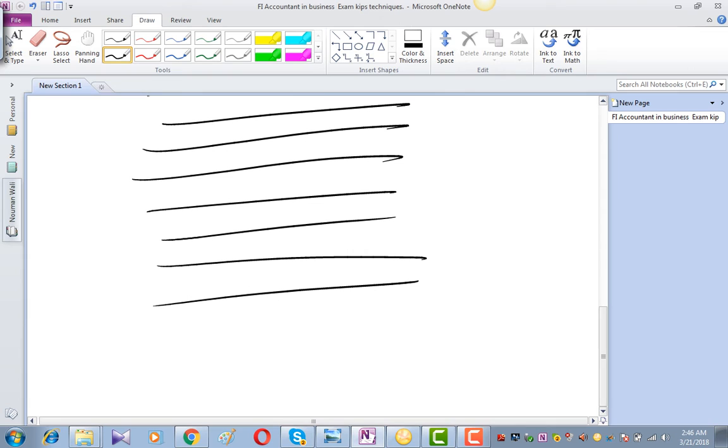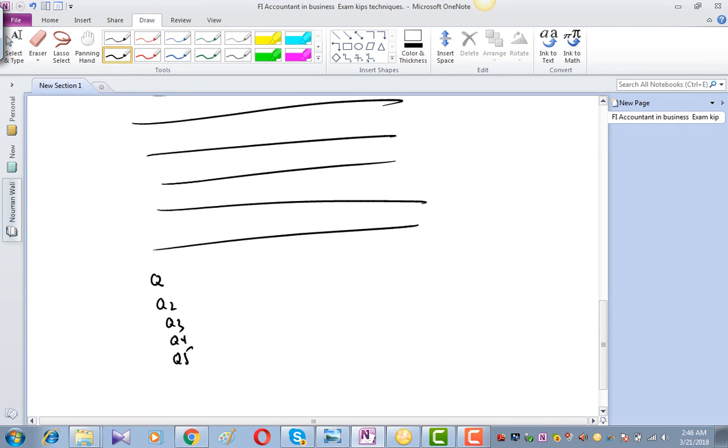After these lines you are given question 1, question 2, question 3, question 4, question 5 and question 6, and you will be given multiple options for them, and you have to select those options after reading the scenario.